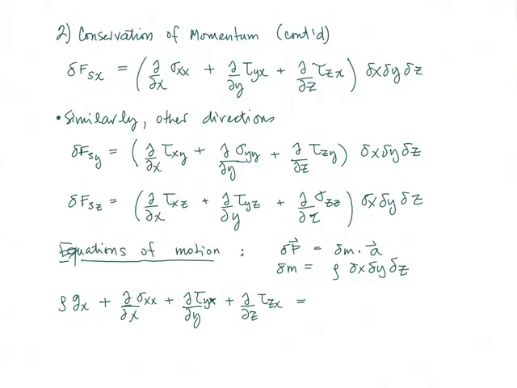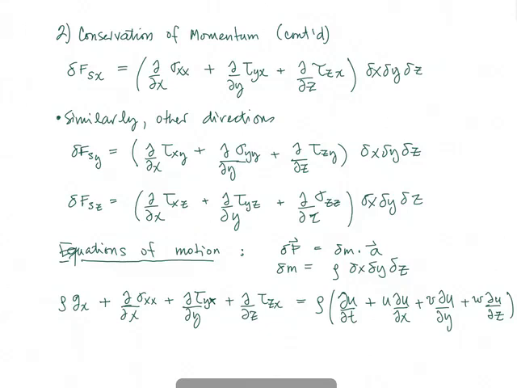The acceleration is the unsteady acceleration plus the convective acceleration, which is rho times, in this case, in the x direction, our velocity is u, so du dt, the unsteady term, plus the convective acceleration in the x direction, so u du dx plus v du dy plus w du dz.